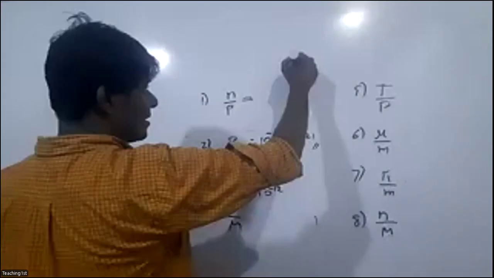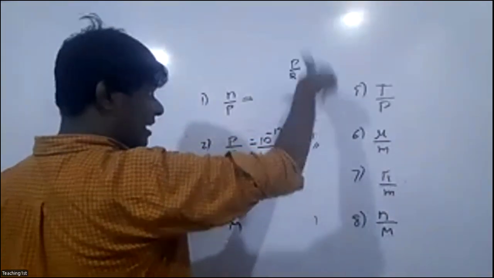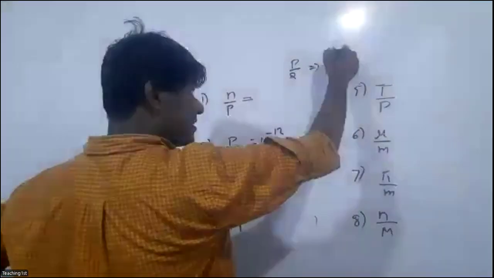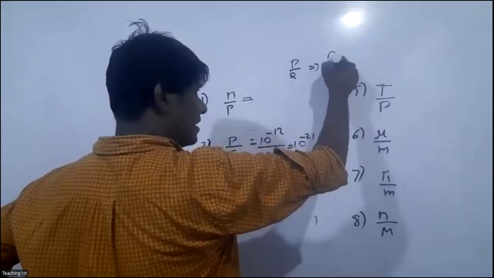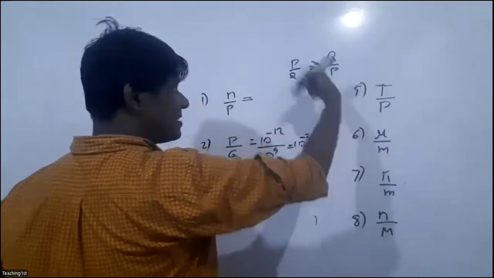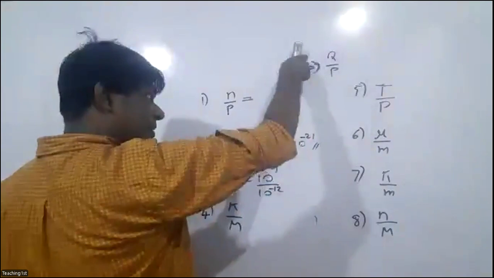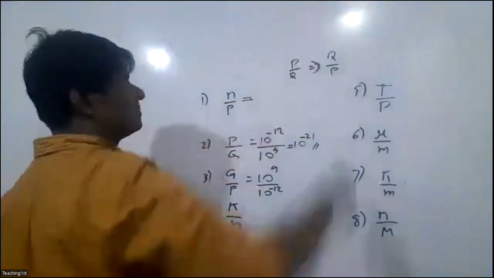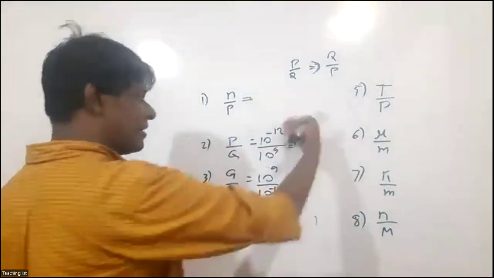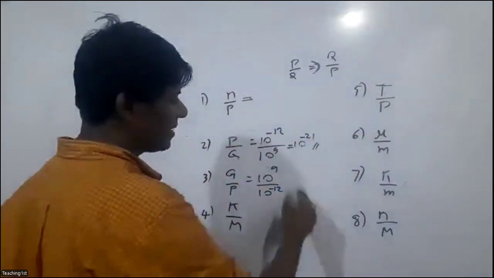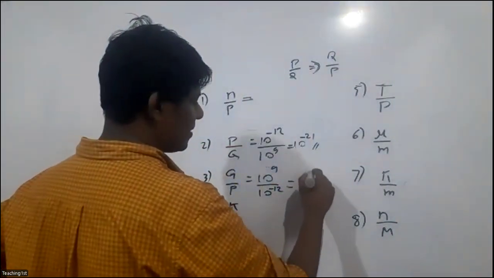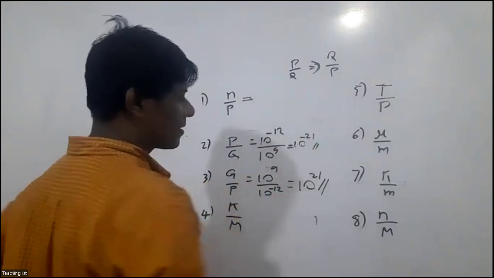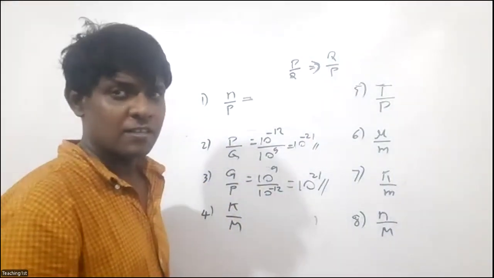Reciprocal means if P over Q is there, Q over P is the reciprocal. That means upside down. So upside down of this one is 10 to the power positive 21. Understand? That's it.